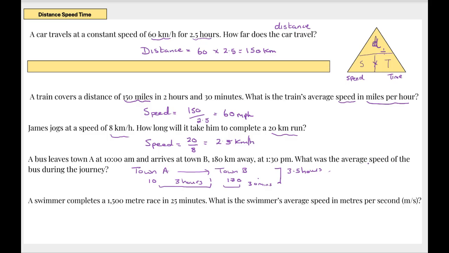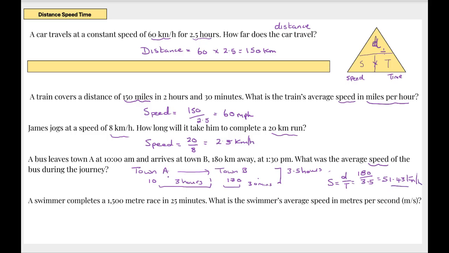It's asking for the average speed, which is speed equals distance over time. I've used it a lot. So our distance is 180 kilometers, all over our time, which we know is 3.5 hours. Pop that in your calculator and your answer will be 51.43 kilometers per hour.